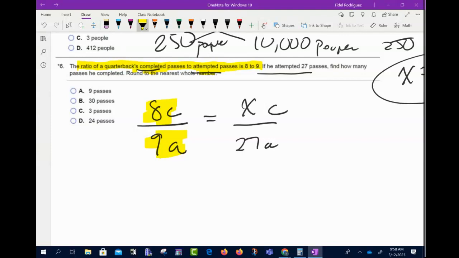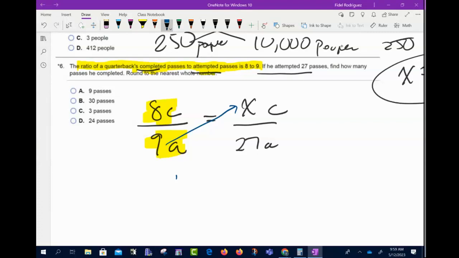So I'm going to throw the ball 9 times. 8 of them, the other guy's going to catch them. Now the next part says if he attempted 27, so he threw the ball 27 times, how many times would the people catch? That's what we're going to find, the number of completed, right?